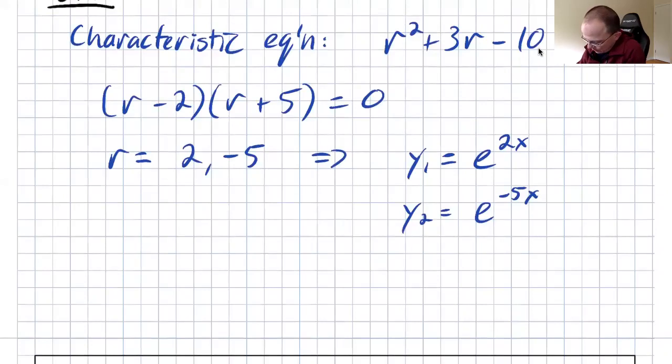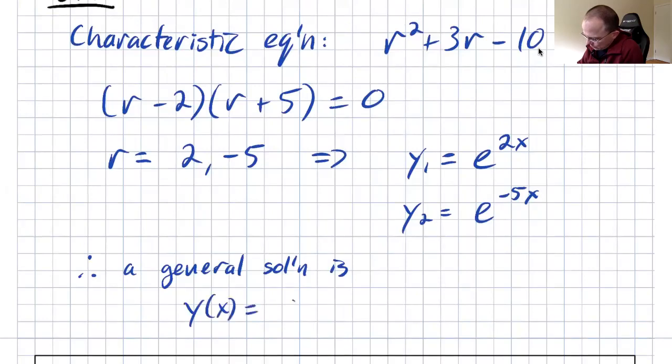And so therefore, the general solution, or a general solution, is y of x is equal to c1 e to the 2x plus c2 e to the negative 5x.